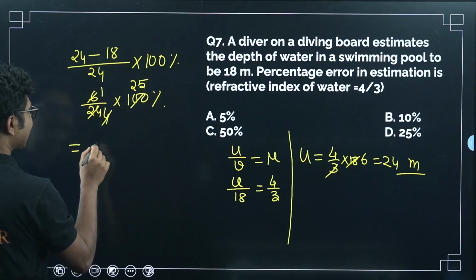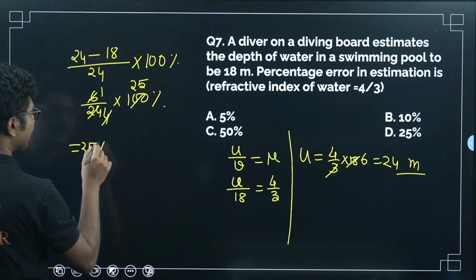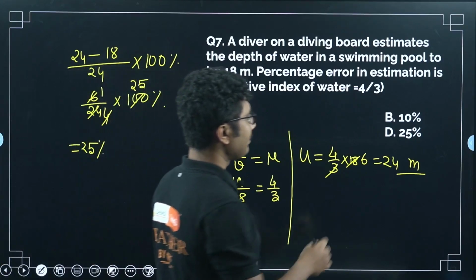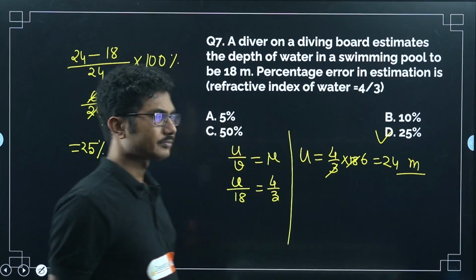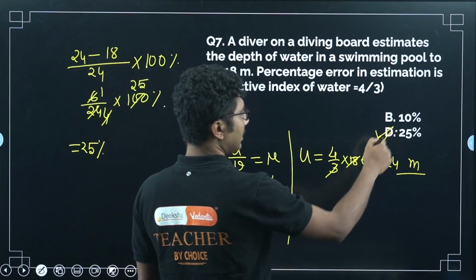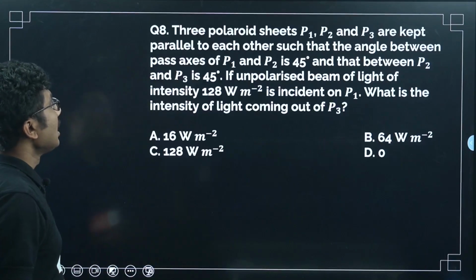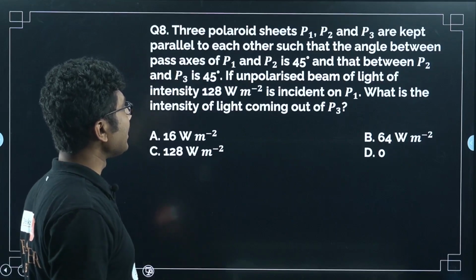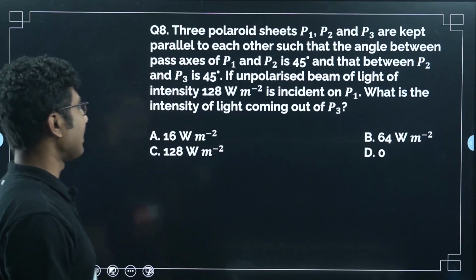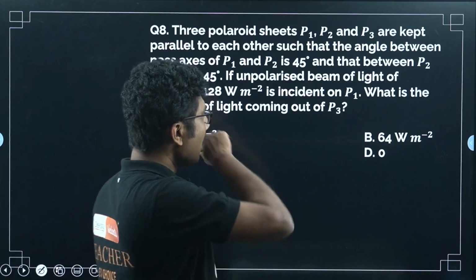So the percentage error in the measurement is 25%. So 25% is the correct answer. Okay, clear? Next question.